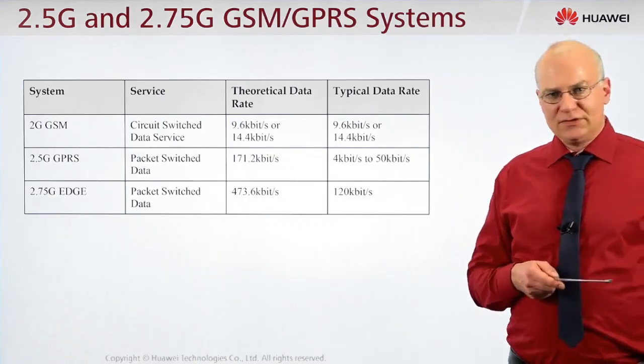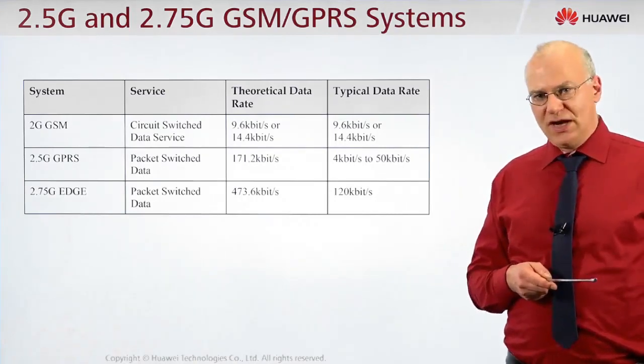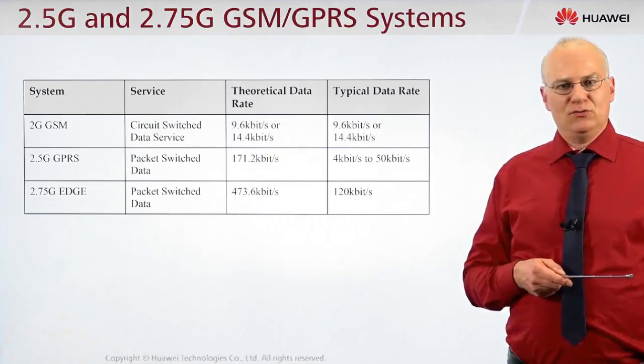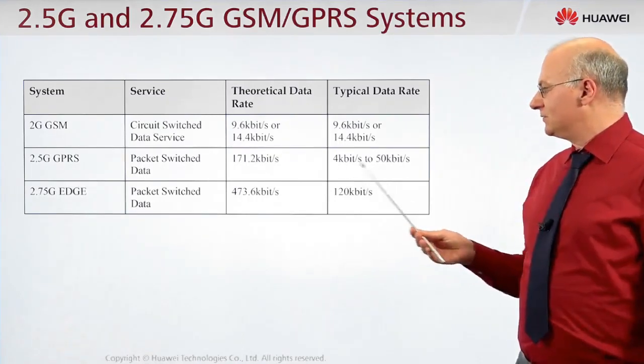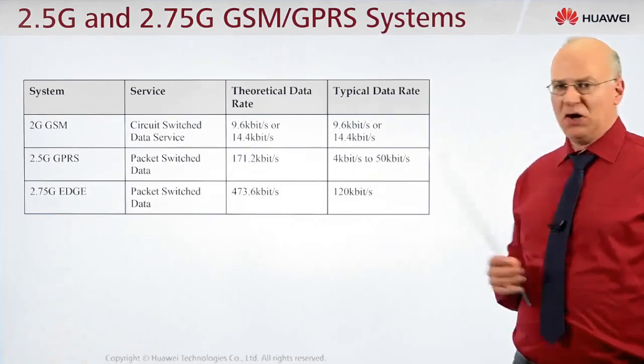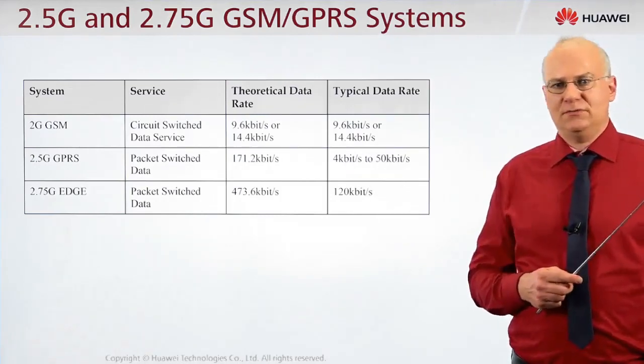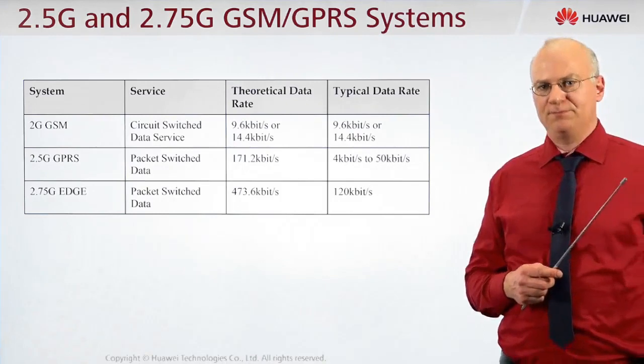But in practice, because of transmission errors, radio link distortion, we have data rates between about 4 kilobit per second and about 50 kilobit per second.